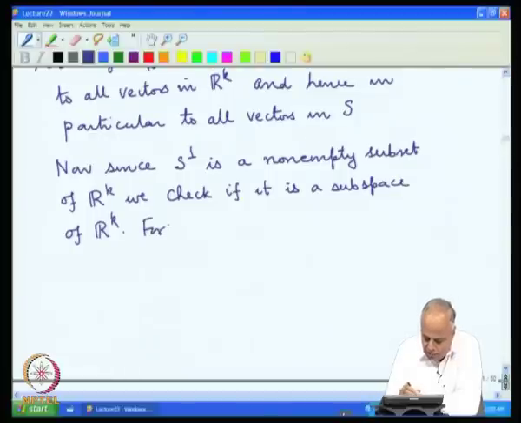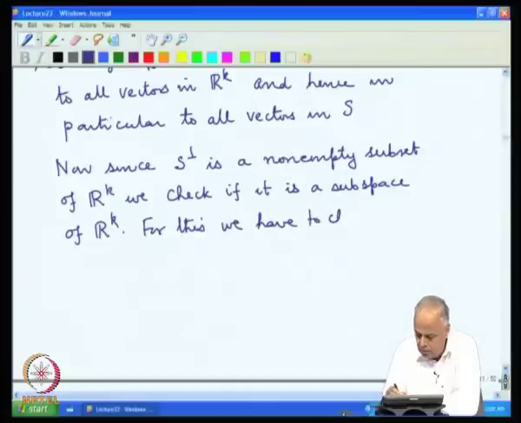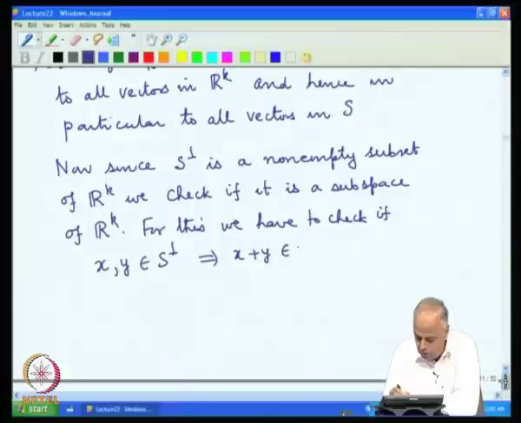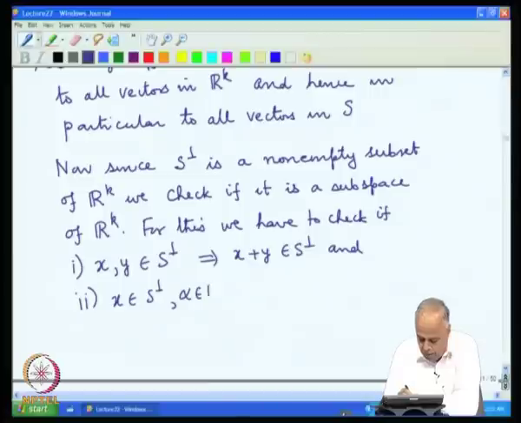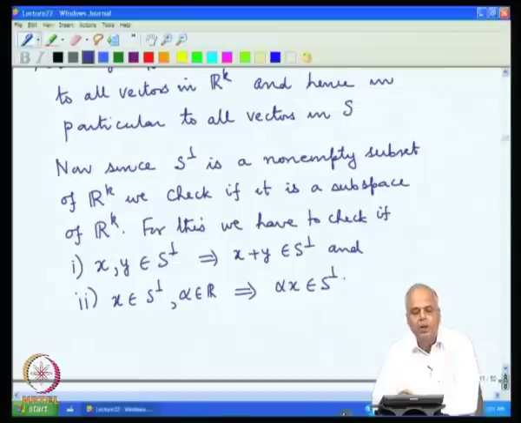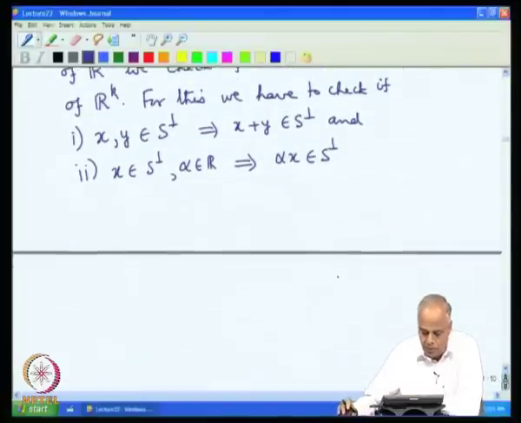So, for this we have to check, one, if x and y belong to S perp imply x plus y belongs to S perp, and that is closure with respect to addition. Two, if x belongs to S perp and alpha is any real number, whether this implies alpha x belongs to S perp. So, we have to check whether S perp is closed with respect to addition and closed with respect to scalar multiplication.